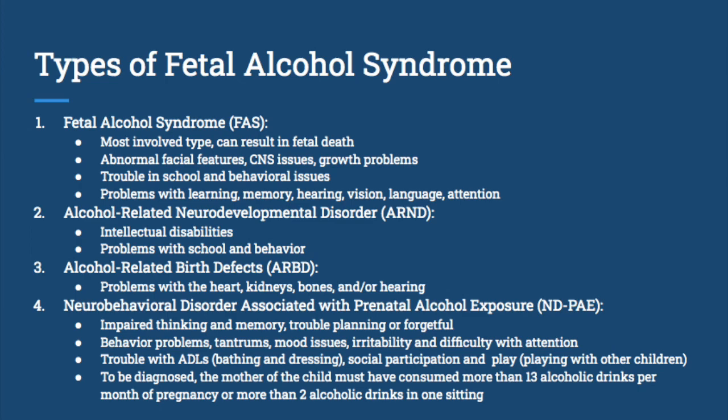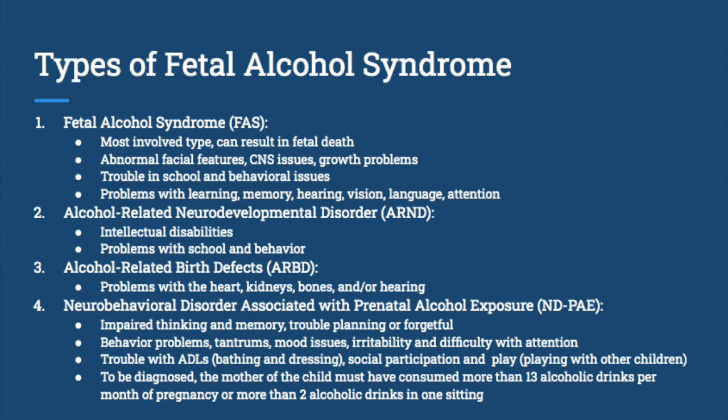Fetal alcohol syndrome is the most severe and most involved type, and it can result in fetal death. You could also see abnormal facial features, central nervous system issues, growth problems, trouble in school and behavioral issues, and also problems with learning, memory, hearing, vision, language, and attention.